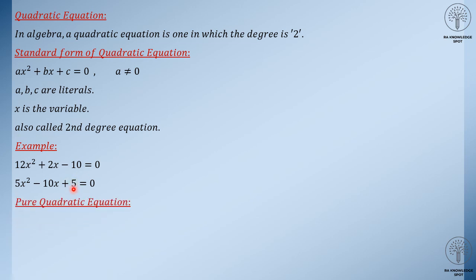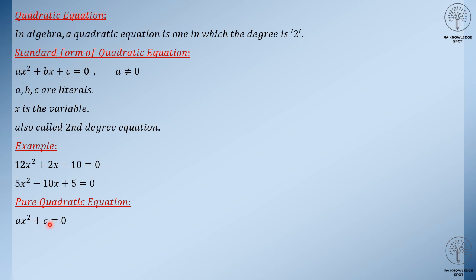Now in this chapter, you will usually be asked what a pure quadratic equation is. You may be surprised, what is this pure? Pure means purely quadratic. You can see why this is a quadratic equation: just because of this square, this power. Because of this you can call it a pure quadratic equation, or simply quadratic. Now pure means it is like ax squared plus c is equal to 0.